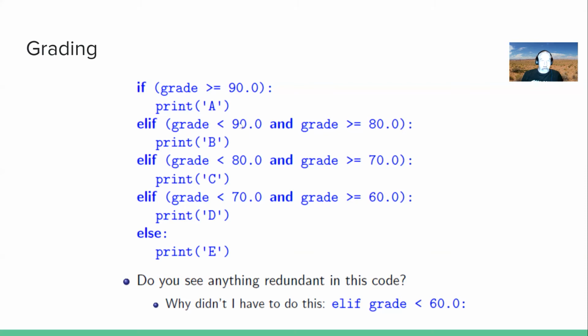The only way that I get to this condition is if this is false. If Python is at the point of reading this part of the code, this was necessarily false. And so this part of this else if condition is necessarily true, at least. And so the only part we really need is this part over here. That's the only non-redundant part.